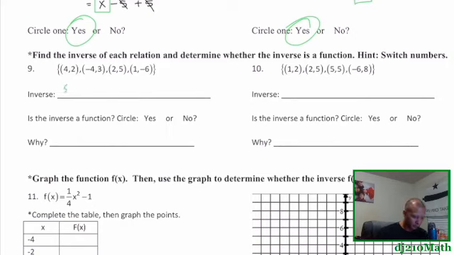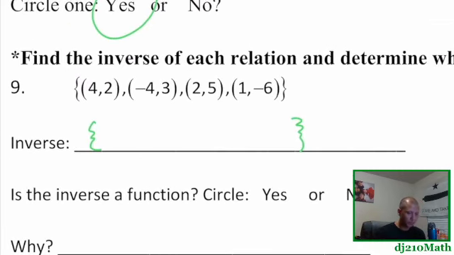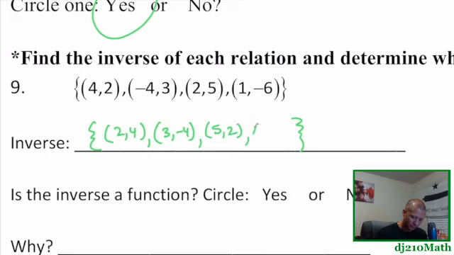The inverse is going to be another set, curly brackets, and we're just going to swap the x and the y. 2 comma 4, 3 comma negative 4, 5 comma 2, negative 6 comma 1. All we did was swap x and y.